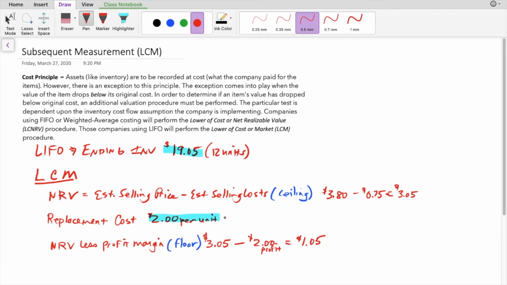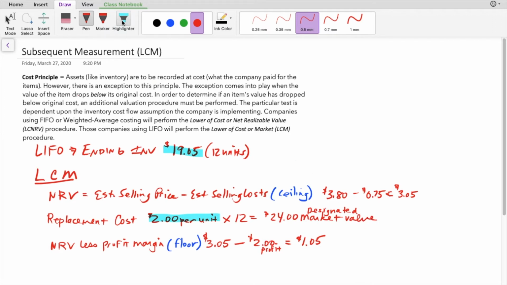And so I'm going to take that number times my 12 units, which means I have a market value of $24. So that is my market, sometimes what we call the designated market value.